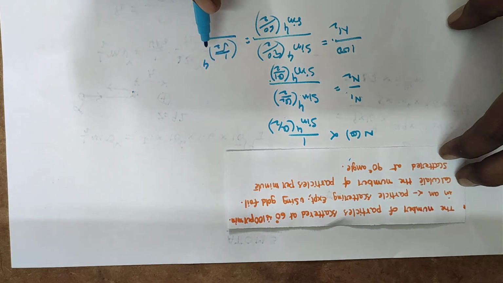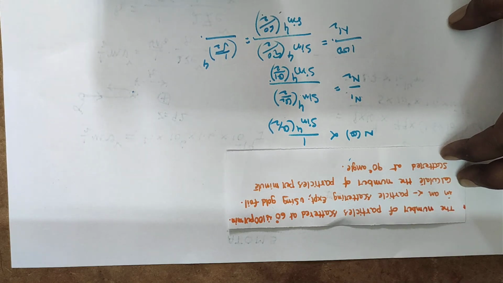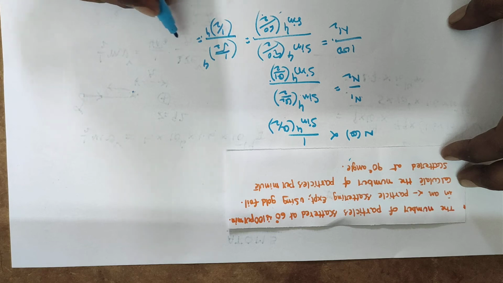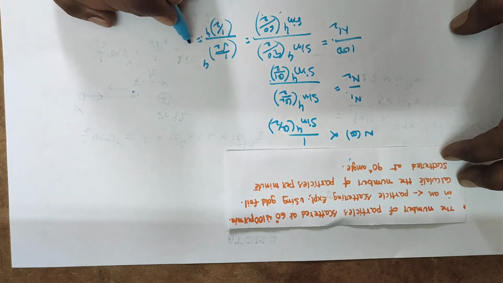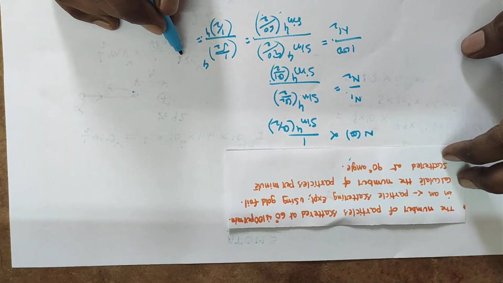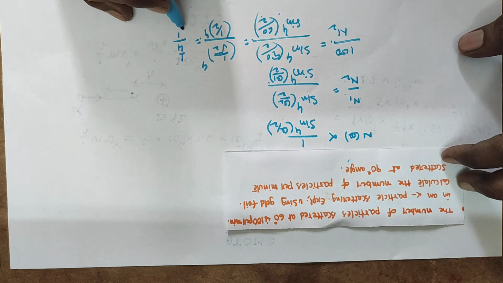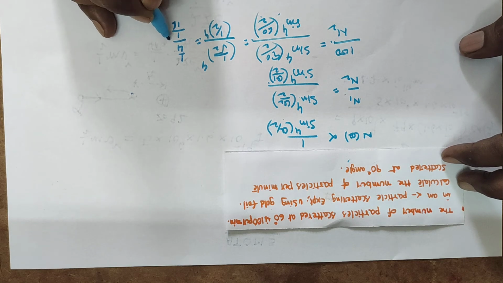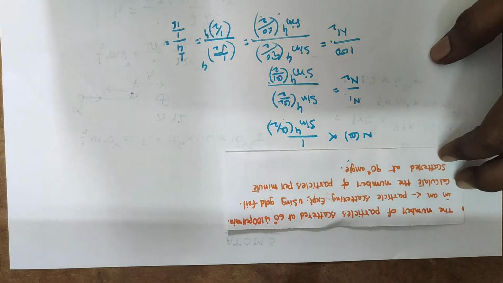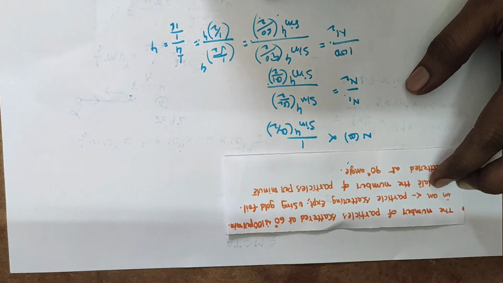again power 4 is there, divided by sine of 60 by 2, that is sine 30, which is 1 by 2, power 4. So this is 1 by 4 divided by 1 by 16, that is 4.